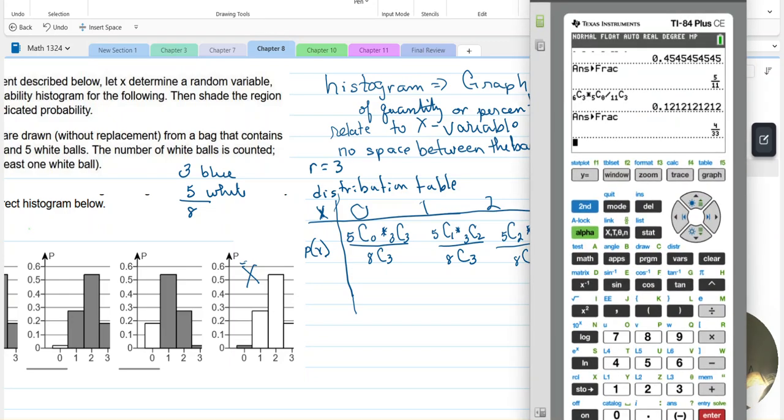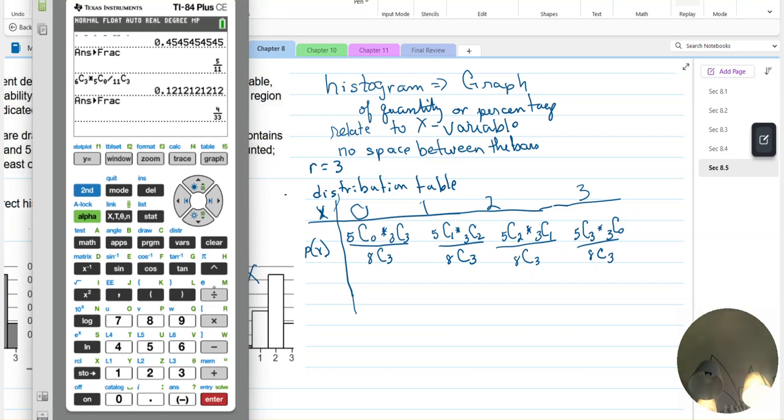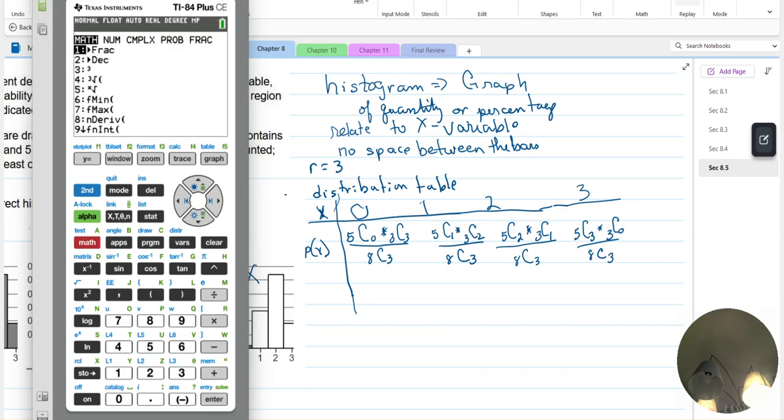I'll get my calculator out. Let me clear everything. And we'll enter 5, math, PRB, choose, and that's number 3. And we're choosing none for starters. Side arrow, times 3, math, PRB, number 3, choose 3, divided by, what did I forget?